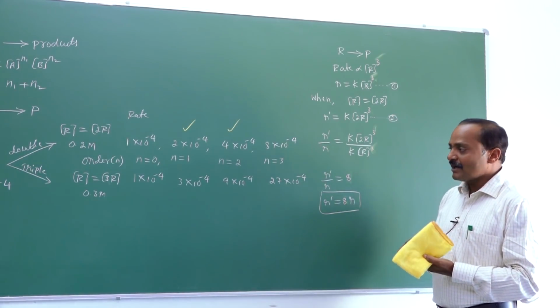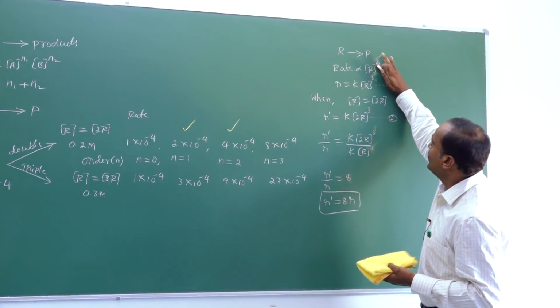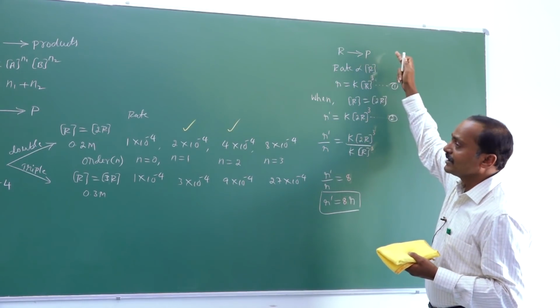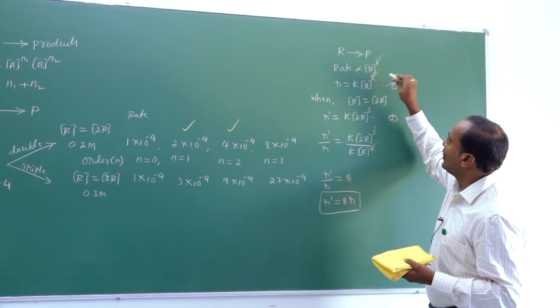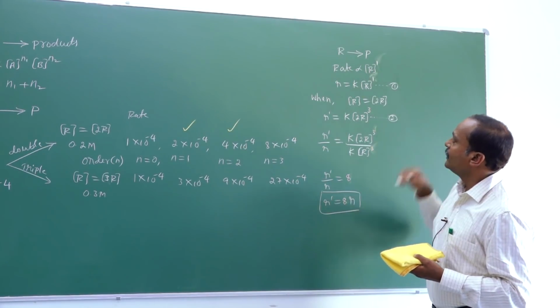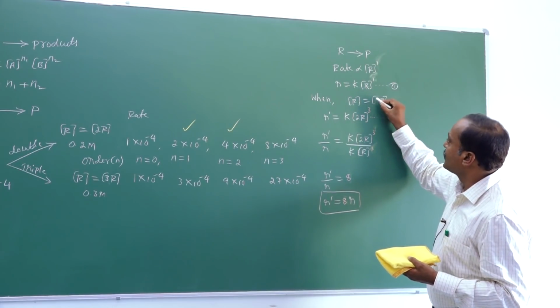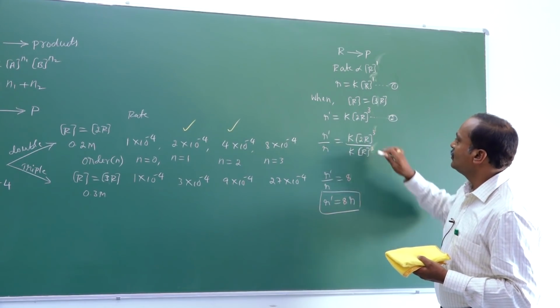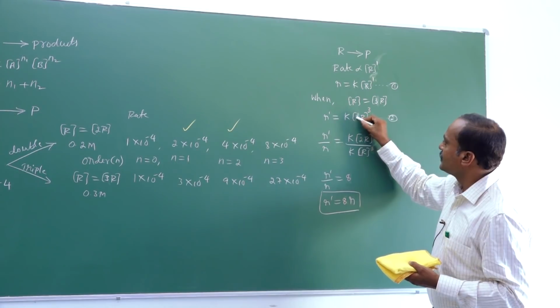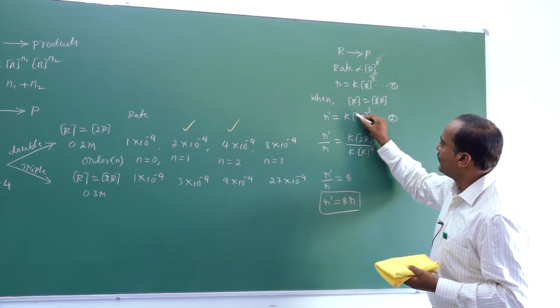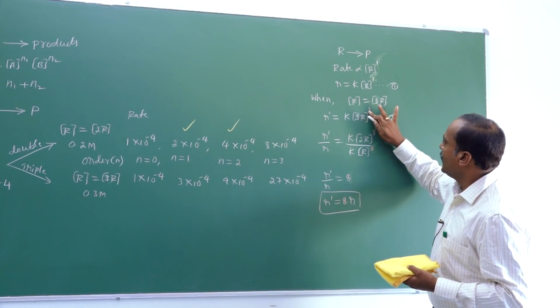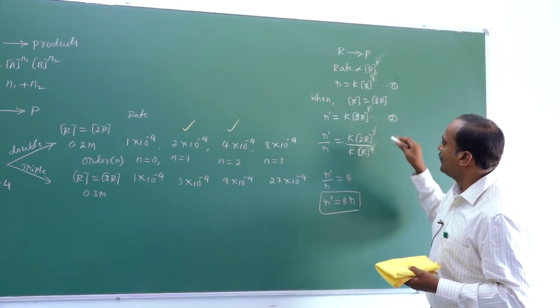Consider a first order reaction, R gives rise to P. Rate is proportional to R power 1, rate = k[R]^1. When the concentration of the reactant is tripled, R becomes 3R, and equation 1 becomes rate' = k(3R)^1.